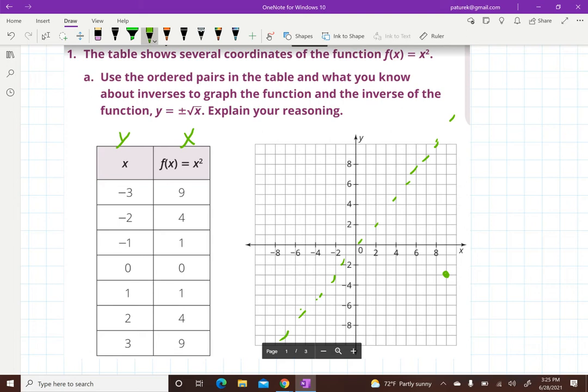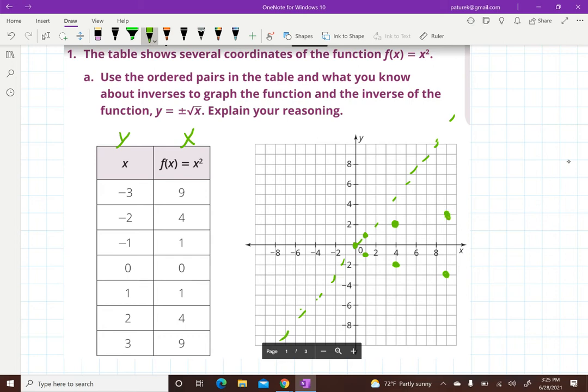X equals 4, y equals negative 2, x equals 1, y equals negative 1, x equals 0, y equals 0, x equals 1, y equals 1, x equals 4, y equals 2, and x equals 9, y equals 3.